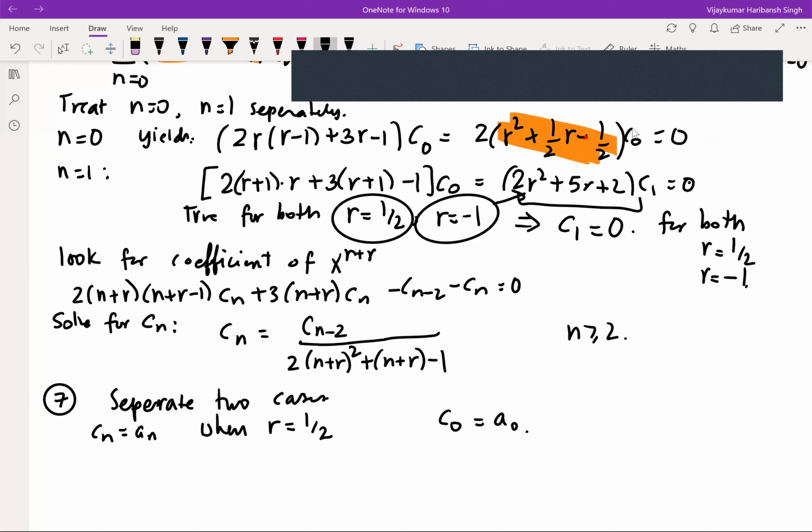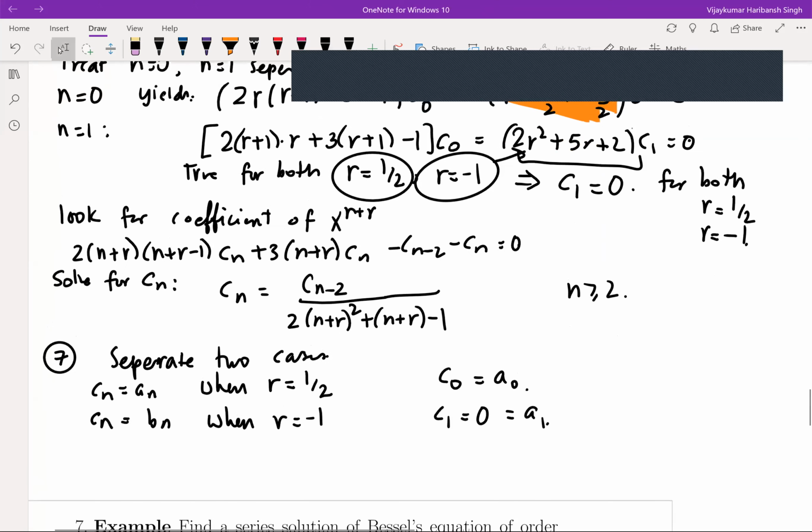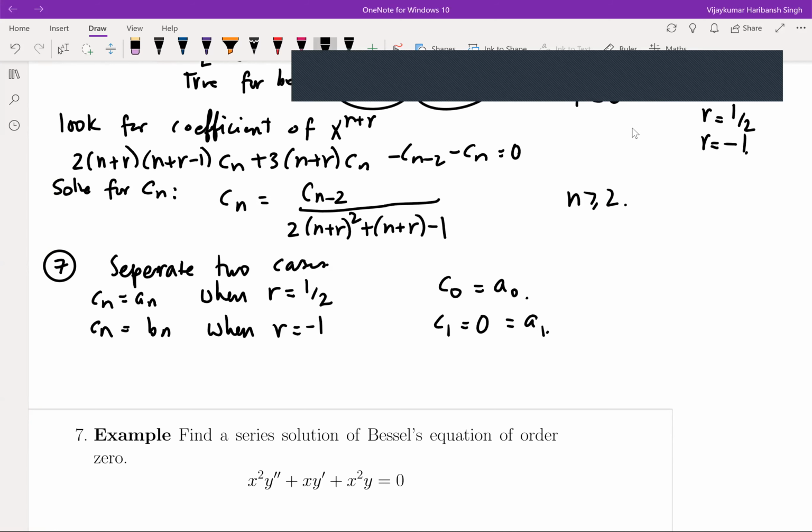And we get cn equals bn when r equals minus 1, and c1 equals 0 equals a1. So let's deal with these two cases now.